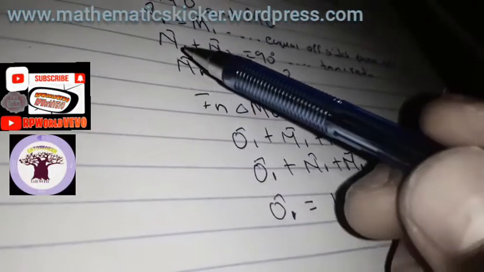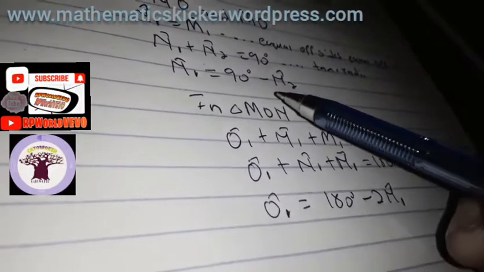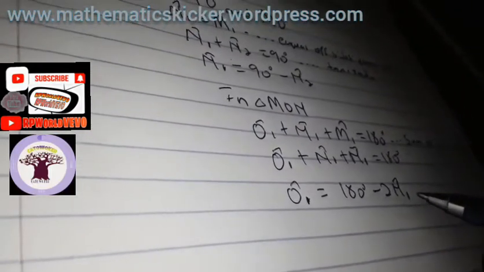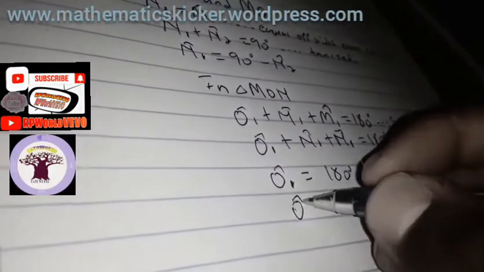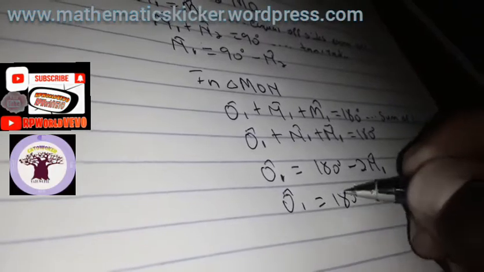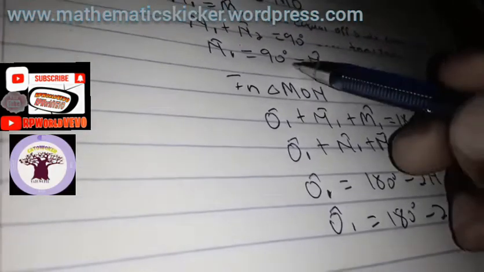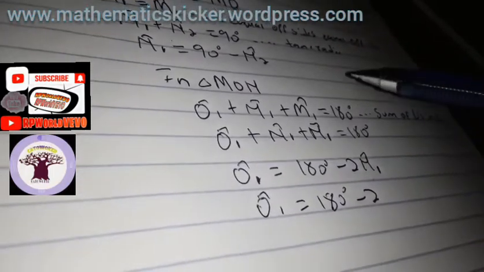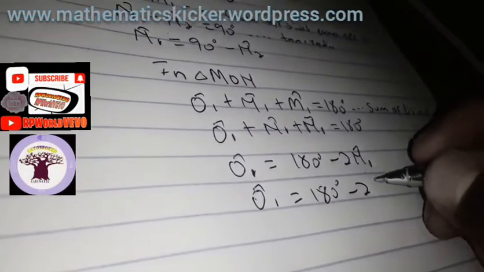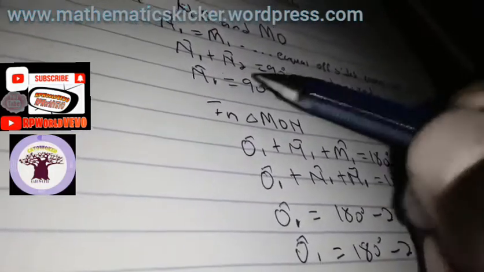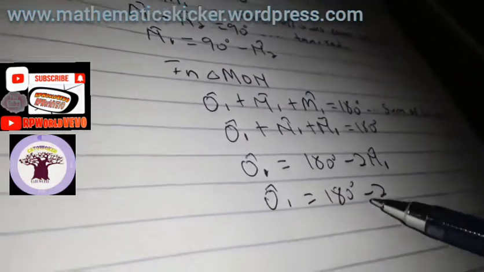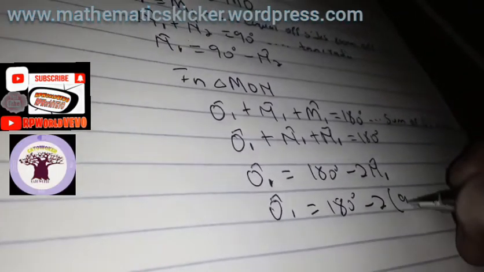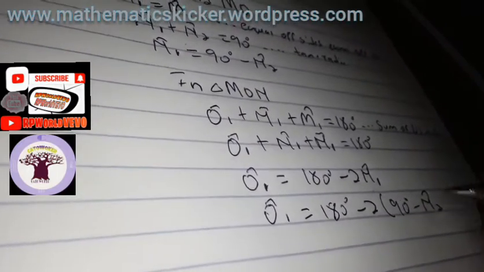Our angle N1 is equal to 90 degrees minus angle N2. Where we see angle N1, we substitute 90 degrees minus angle N2.